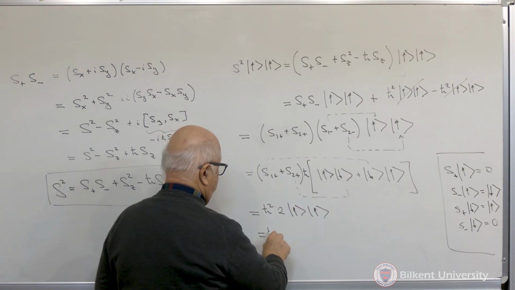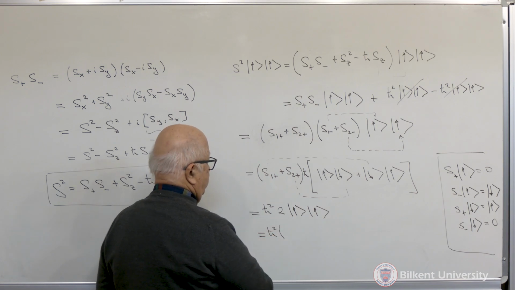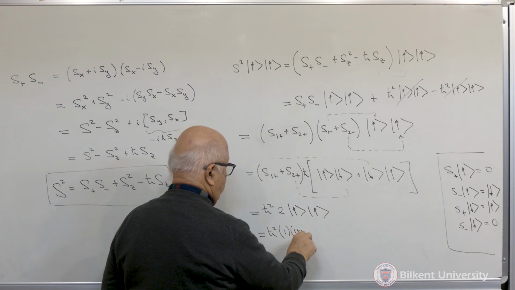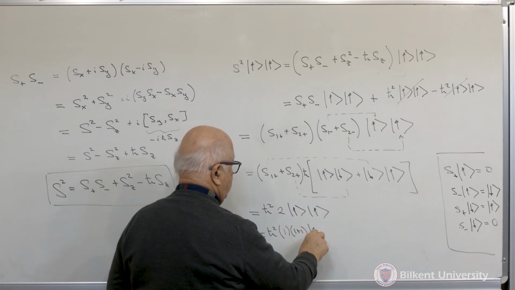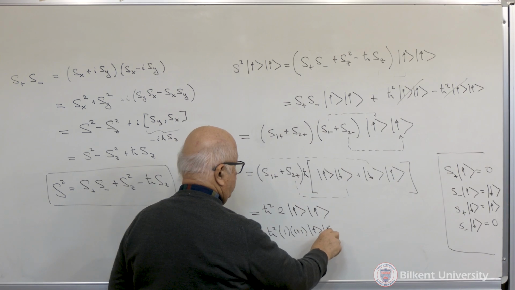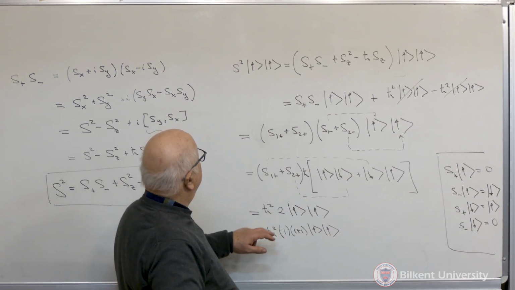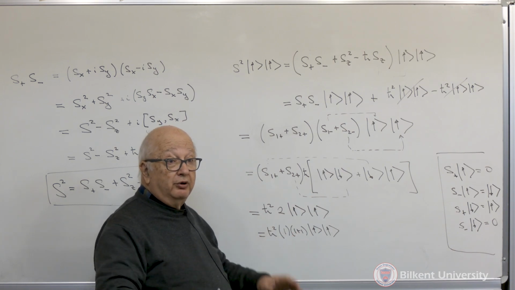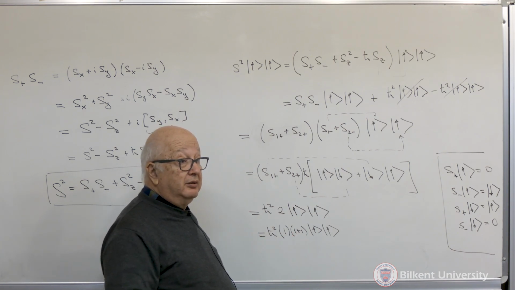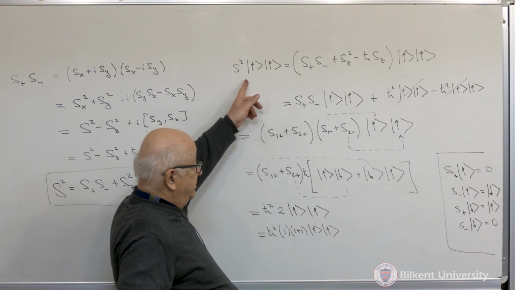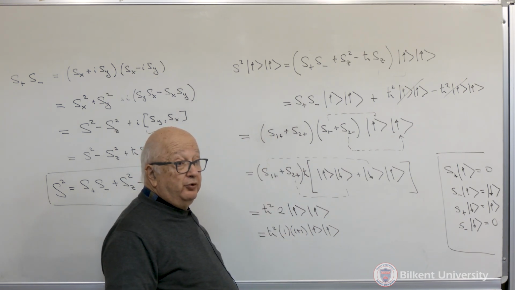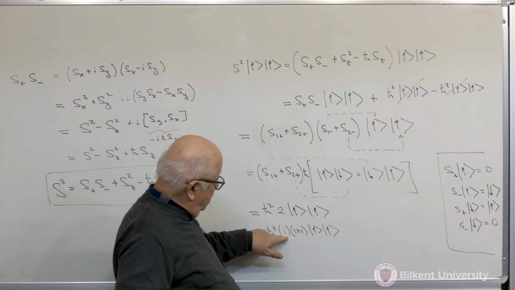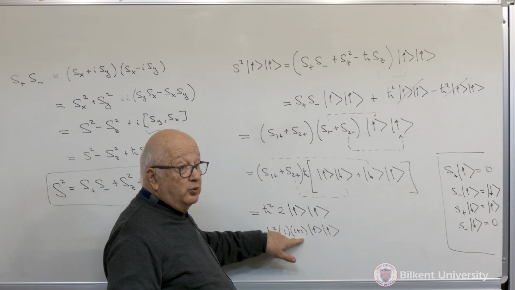I have h bar squared, 1 times 1 plus 1, up, up. So this is an eigenstate of the s squared operator. Very nice. I found an eigenstate of the total spin operator. What is the value of s? 1, right? Because it gives me s times s plus 1 is 2, so s is 1.